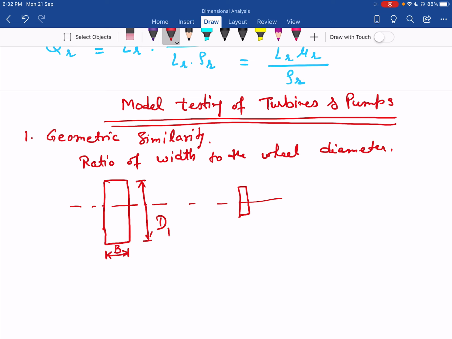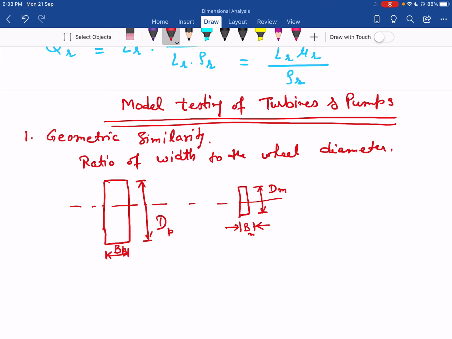So this is for the prototype. Here for the model, this is the width and this is the diameter. We keep the ratio constant.